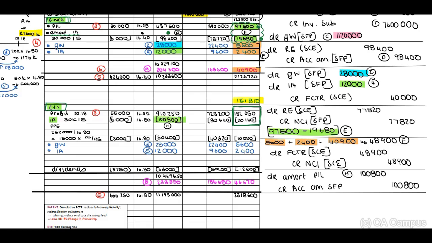And we are going to reference this I, and we will have to debit our NCI in our profit and loss and credit our NCI in our statement of changes in equity. Remember, NCI increases on the credit side, I, 151,810.